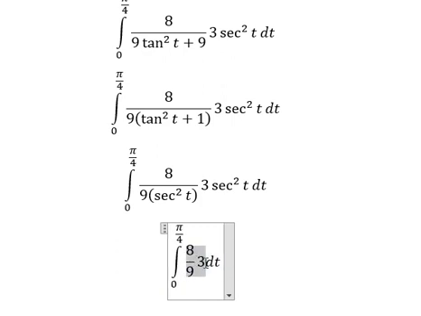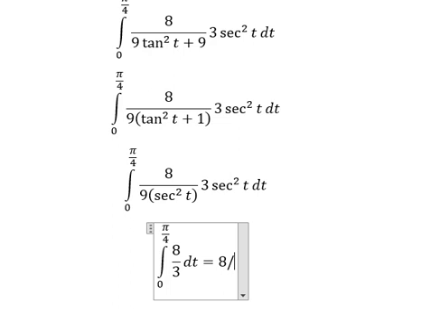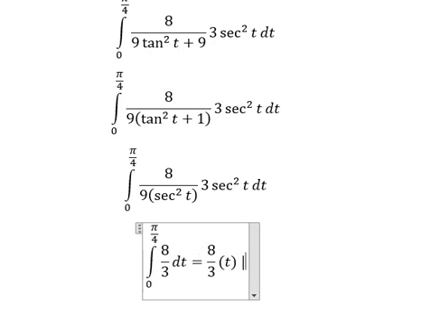So this number in here, we have 8 over 3, and we have 8 over 3t, and we put the bounds from 0 to pi over 4.